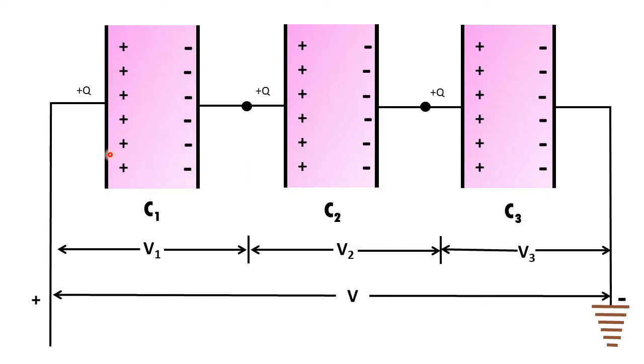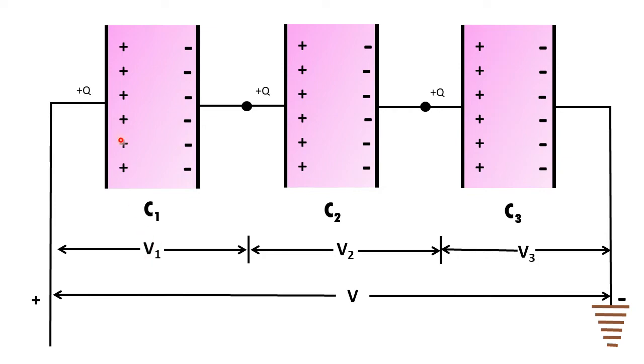So the amount of charge accumulated in each capacitor in this case is same. Equal amount of charge is accumulated across the plates of all three capacitors when these are connected in series combination, but their capacitances are different. Therefore, potential differences across the plates will be different.